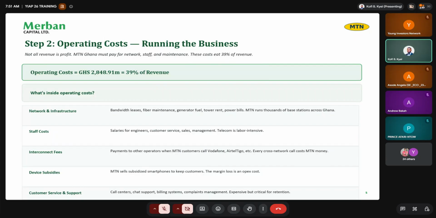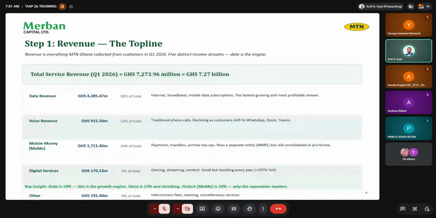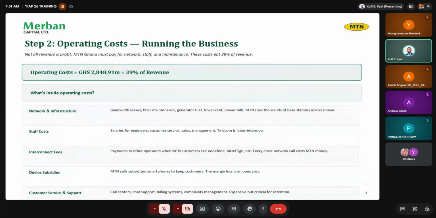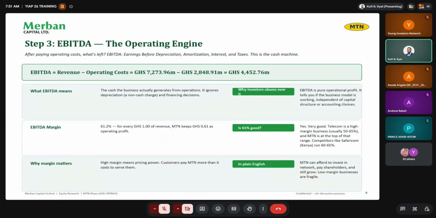That is 39% of the revenue. So of all the revenue that MTN generates, 39% goes into costs, which is very efficient.